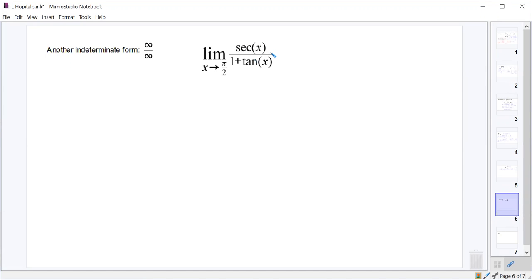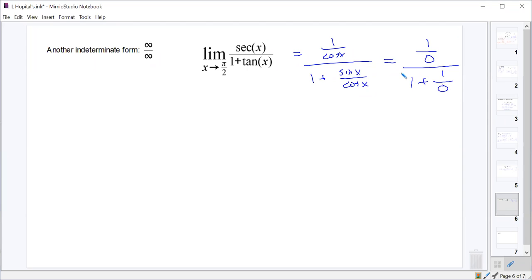What is secant? Secant is 1 over cosine, right? And tangent is sine over cosine. So if I plug in pi over 2 to this, what's the cosine of pi over 2? 0. Yeah, 0 over 1 plus sine of pi over 2 is 1, and cosine of pi over 2 is still 0.